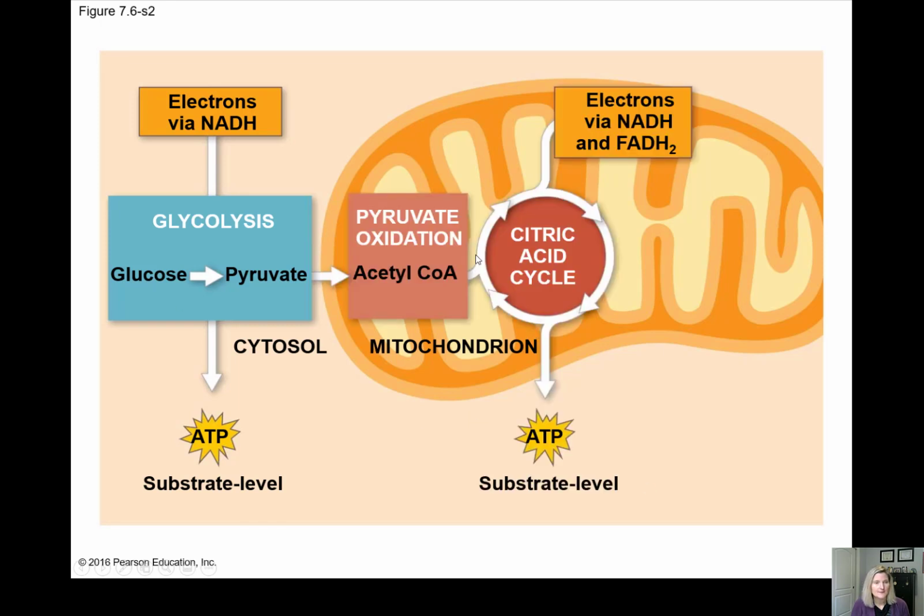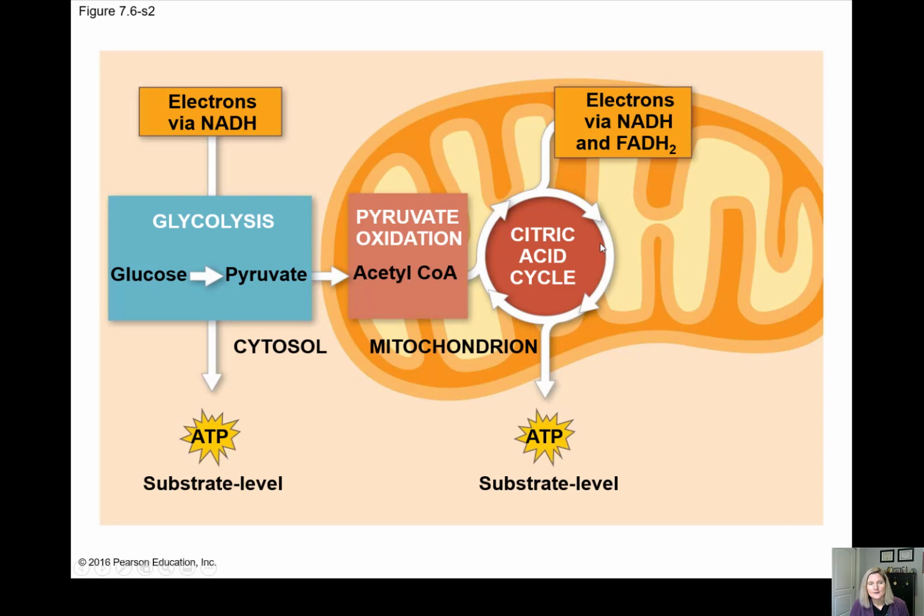Next, we have the second stage, which is divided into 2 parts. We have pyruvate oxidation. The pyruvate that's made its way into the mitochondria will be further broken down with the help of acetyl coenzyme A, and a little bit of carbon dioxide is released. Then it's ready to enter the citric acid cycle or Krebs cycle. I think citric acid is the more common term used these days; in the past, it was Krebs.